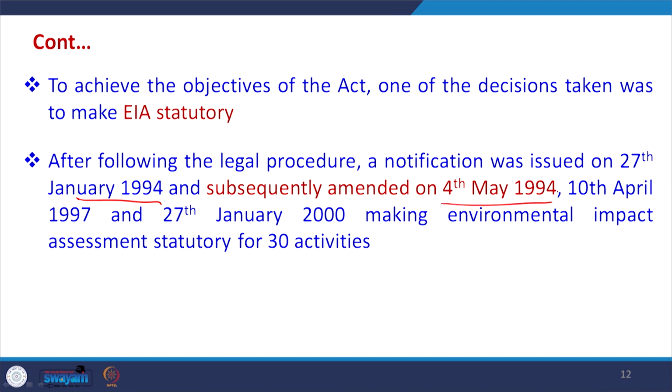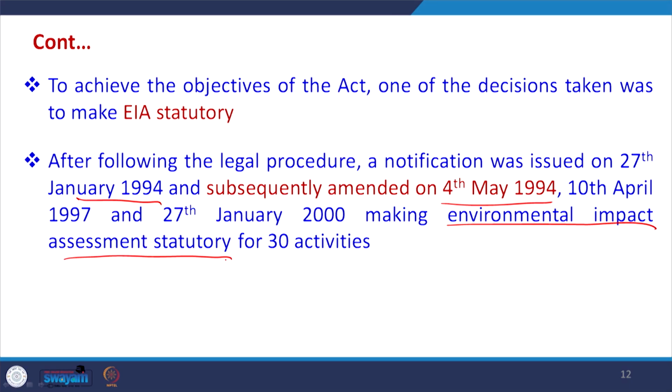So, again it was further amended on 10th April 1997, again on 27th January 2000. So, environmental impact assessment has been made mandatory for many activities. There are 30 plus activities for which EIA is mandatory and it was notified in 1994.